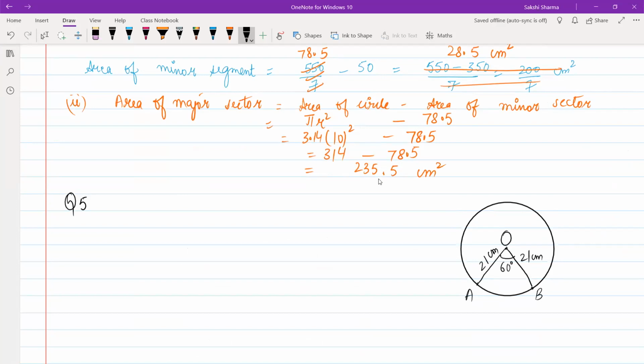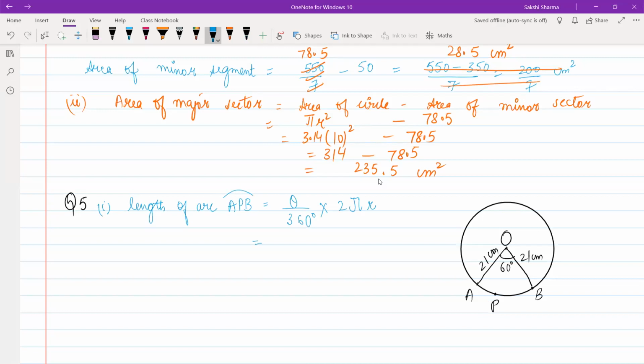You have to find out the length of the arc. So I'm going to mark a point P here. The first thing I want to do is find out the length of arc. The formula for finding the length of the arc is given by theta by 360 degrees into 2 pi r. Now use the values and simplify.